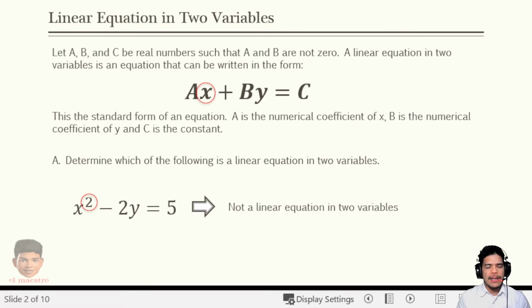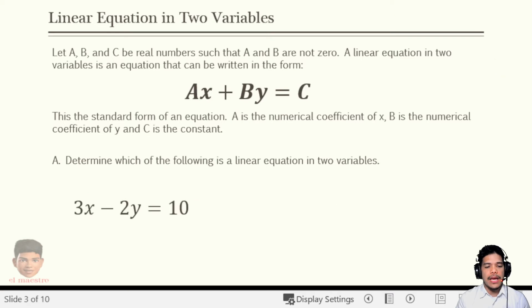Pag sinabi nating two variables, we are dealing with two variables. Kung nakita nyo, merong x and y. So, this is linear equation na may dalawang variables. Kasi pag linear equation with one variable, we are only dealing with x or y. But in this case, two variables, so dalawa, x and y. So, again, this is not a linear equation because yung x natin dito naka-squared.